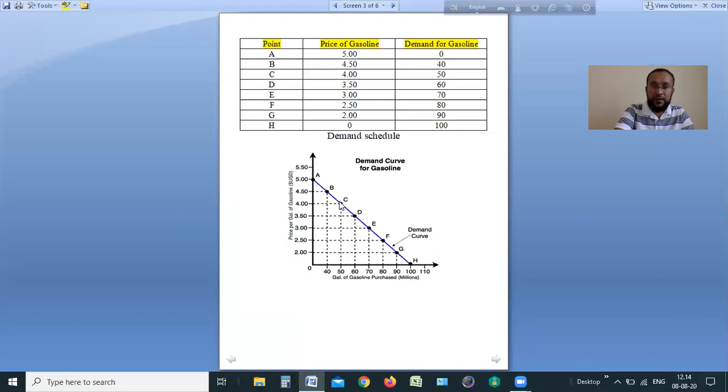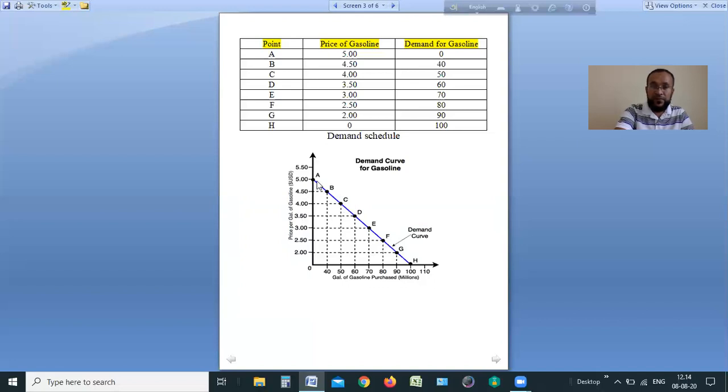And again, if we are at point C at $4 per gallon and demand is 50 gallons, and now the price falls from $4 to $3.5, our demand increases from 50 to 60 gallons. So we are moving from C to D. This is called the movement along the demand curve.